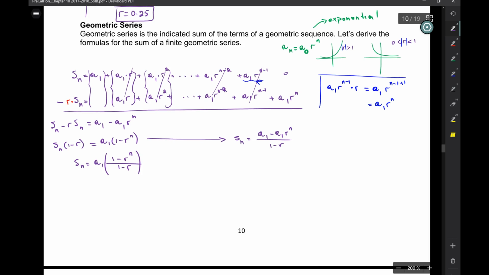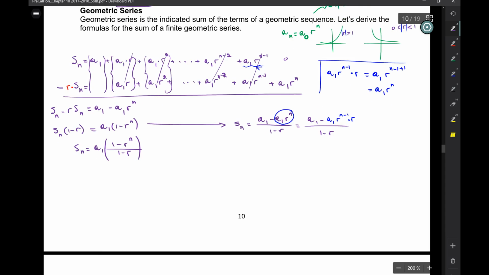So this is gonna be A1 minus, what is this, guys? Can I write that as negative A1 r to the n, minus 1 times r? Can I write that? Because look, it's exactly what I did here. I'm just going backwards now. All over 1 minus r.